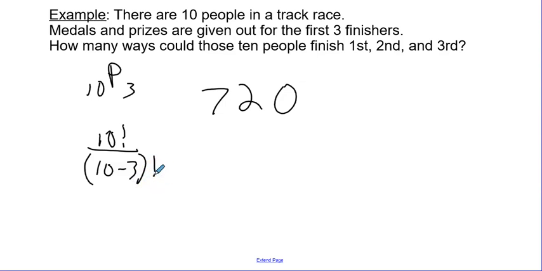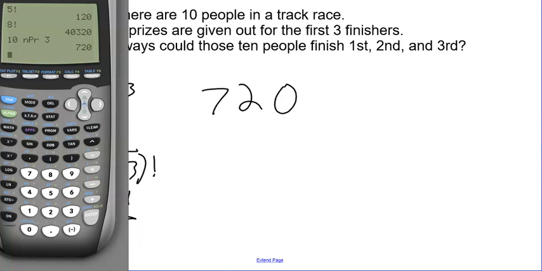So that's 10 factorial divided by 7 factorial. So if you did that, and did 10 math, 4, and divided by 7 math, 4, you get 720. Okay?